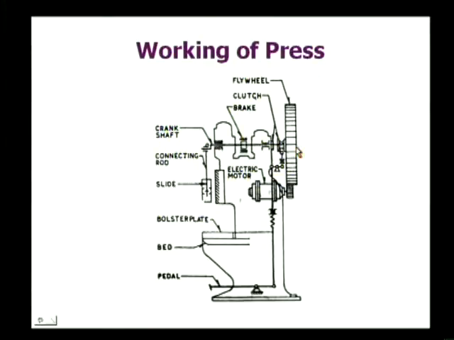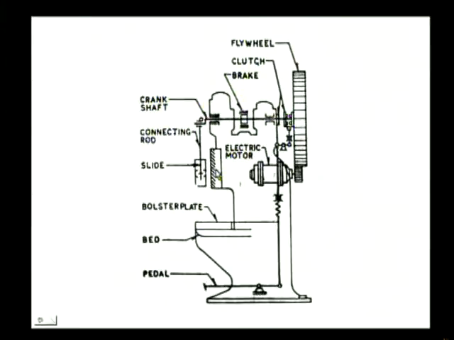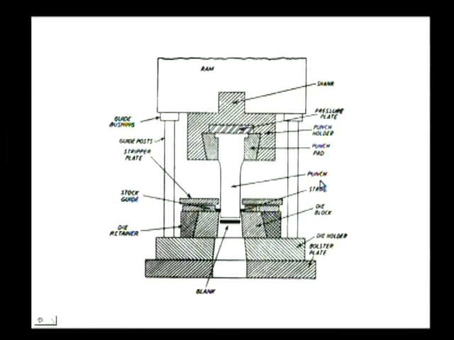And the flywheel acts as an energy reservoir which supplies the large amount of energy that is required during a cutting operation or pressing operation, and the same can be seen here. Now you can see the die set here, and this male component is known as the punch, and this is known as the die or die block.